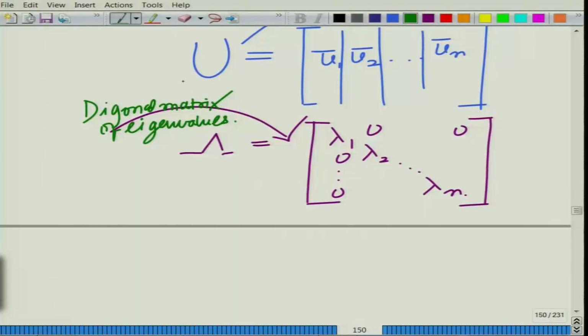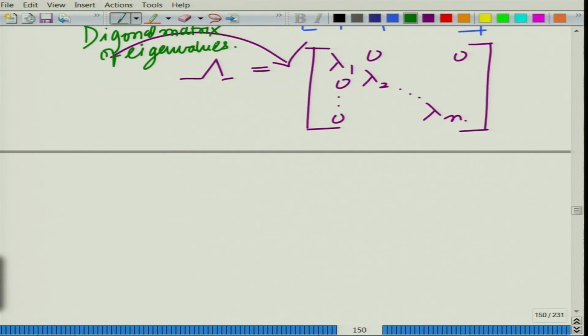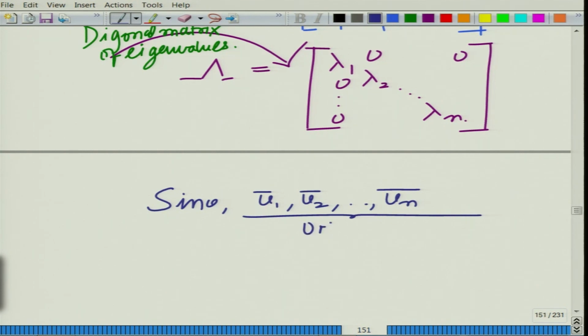Since u1 bar, u2 bar, un bar are orthonormal, this implies U is a unitary matrix.